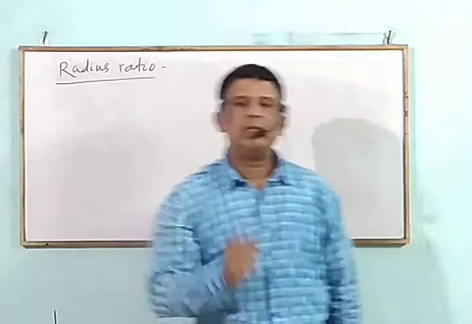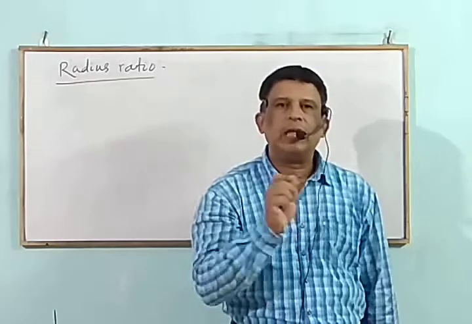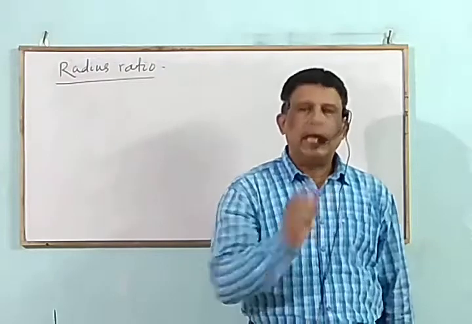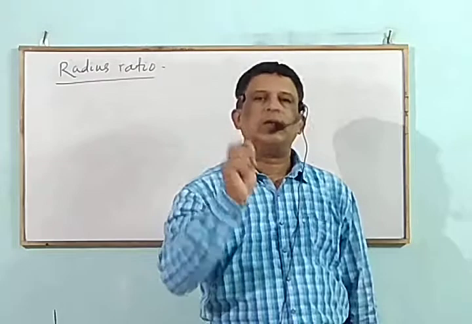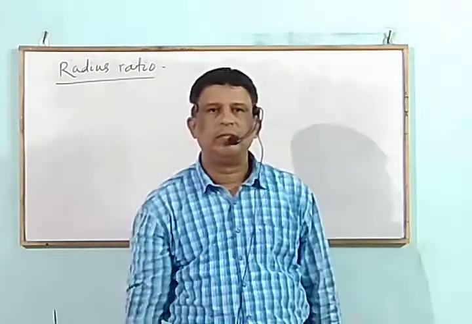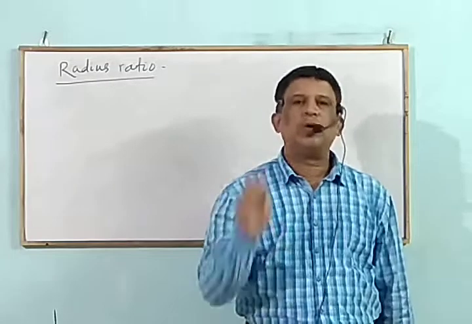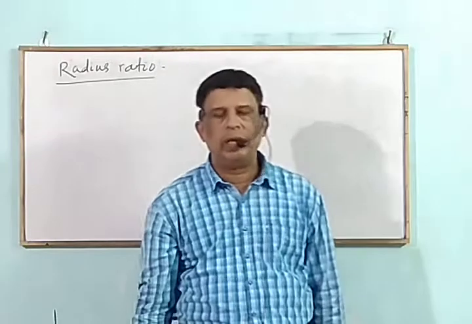It is defined as the ratio of the radius of the cation to that of the anion. I repeat again. It is defined as the ratio of the radius of the cation to the radius of the anion. This value gives an idea about the coordination number and structure of that type of arrangement.